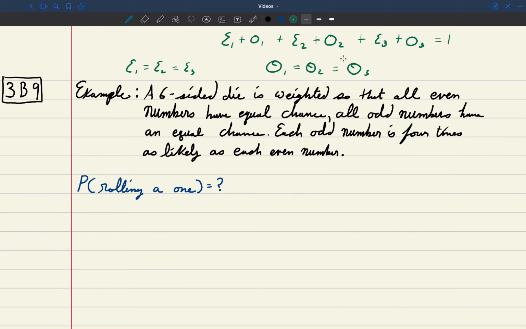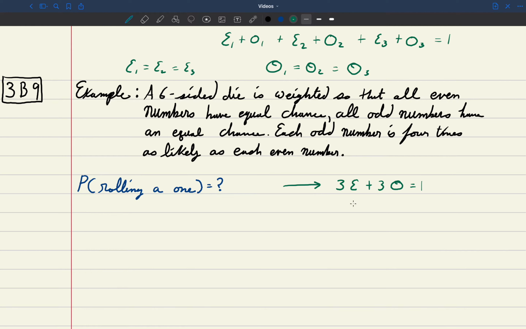Okay, so how can we do this? Well, we have 3 evens, they're all equal. We have 3 odds, they're all equal. So I'm going to rewrite that green equation as 3 evens plus 3 odds equals 1. All right? That would be the first equation I can make to solve this. Another way I can continue is that each odd number is 4 times as likely as each even.